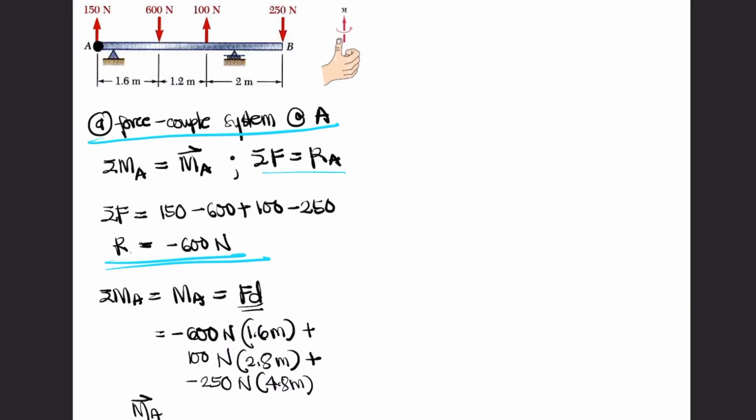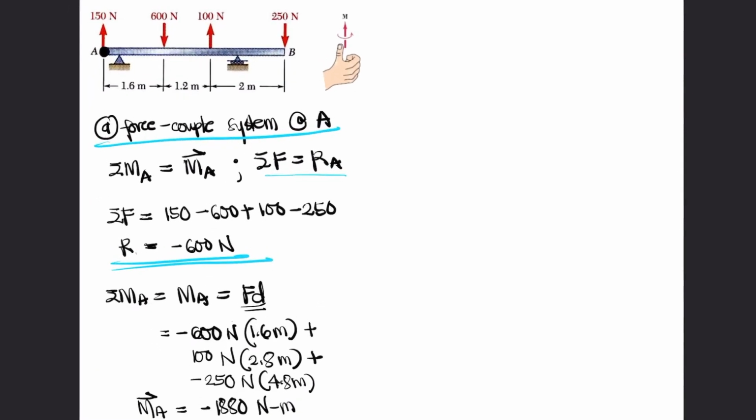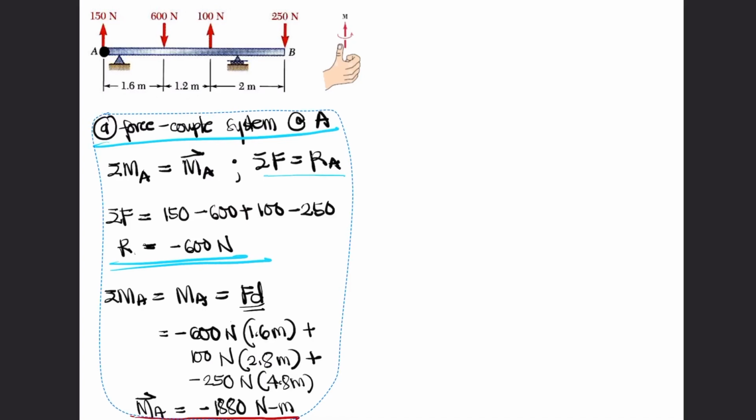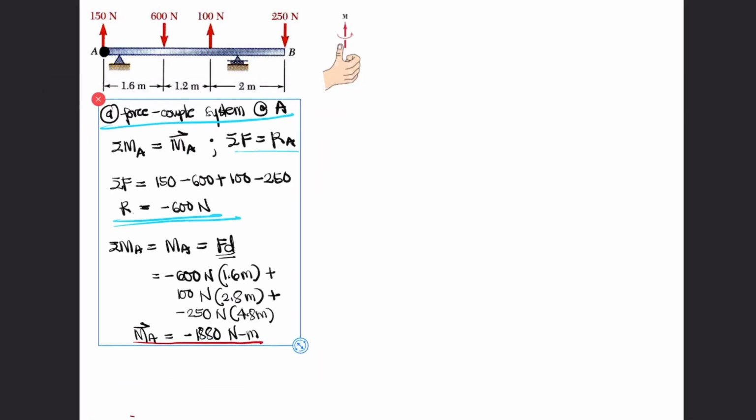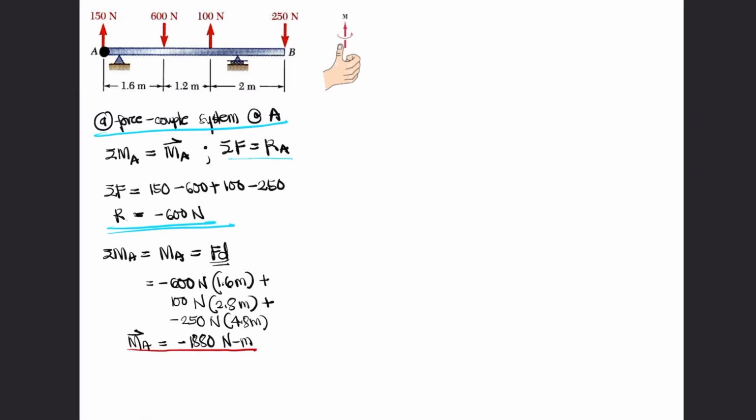Therefore, the moment about point A is equal to negative 600 times 1.6 plus 100 times 2.8 minus 250 times 4.8, which is negative 1880 newton meters. Or if we sketch it, this is the beam.